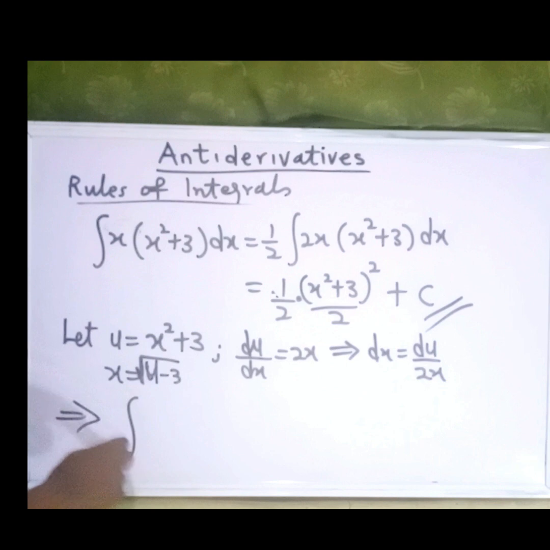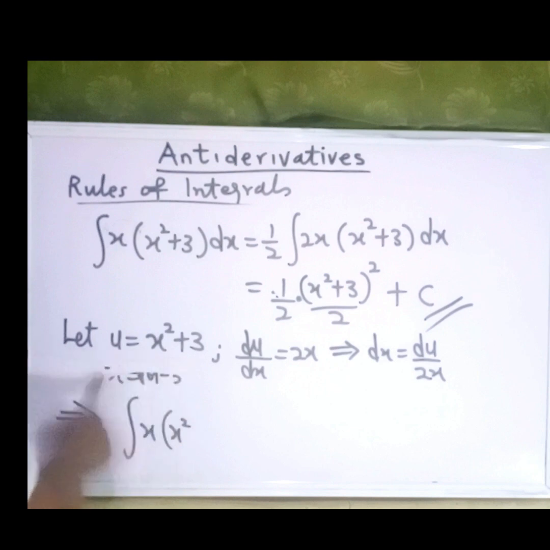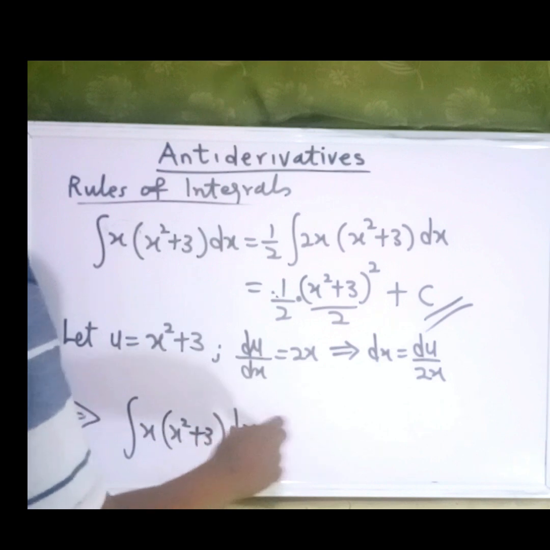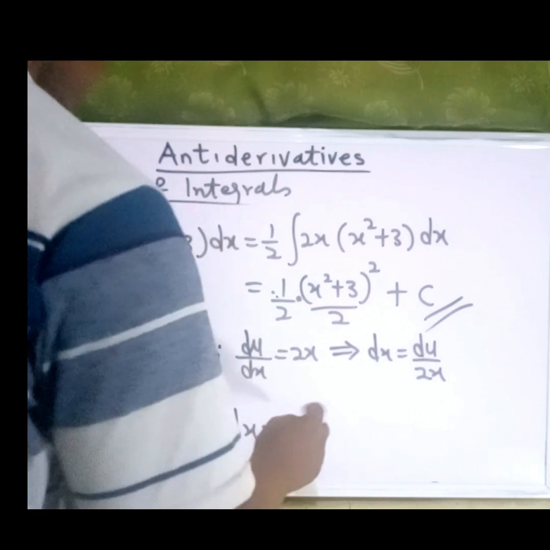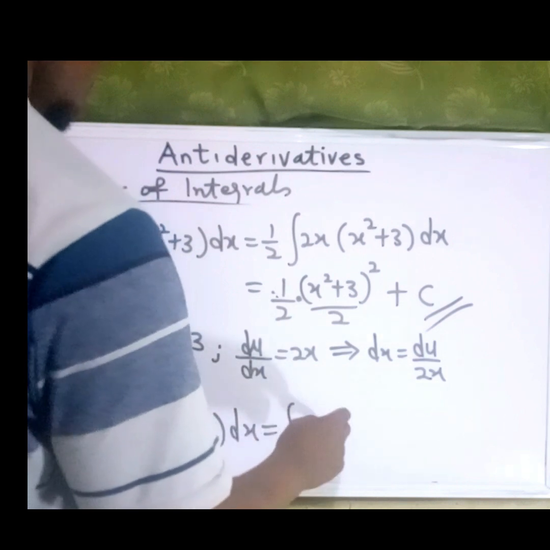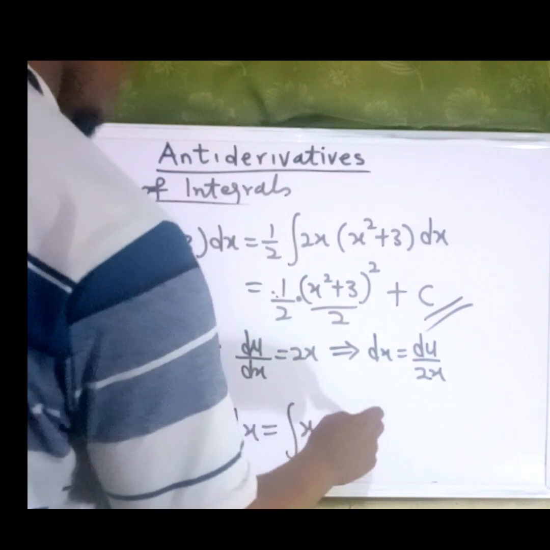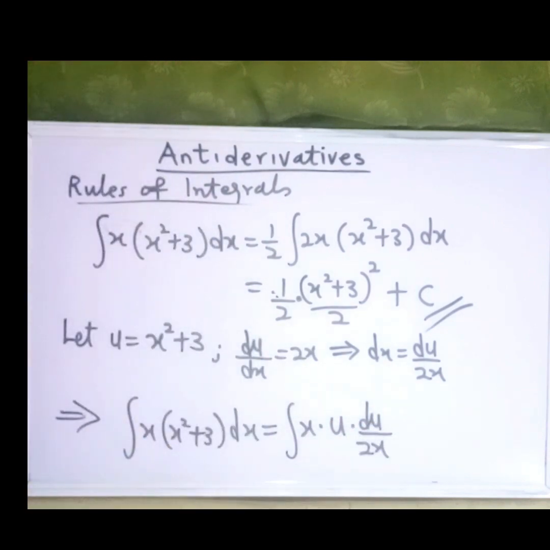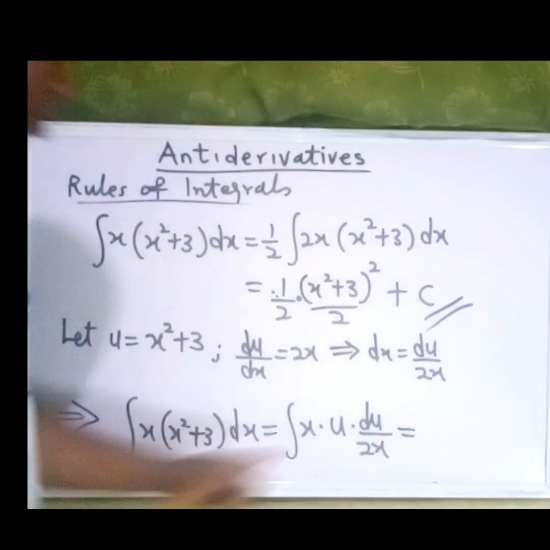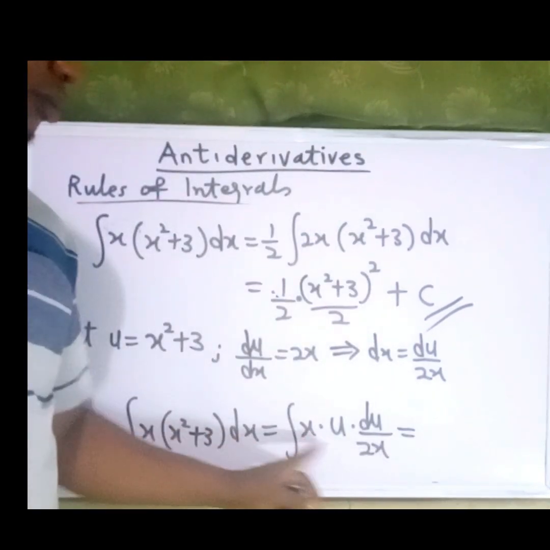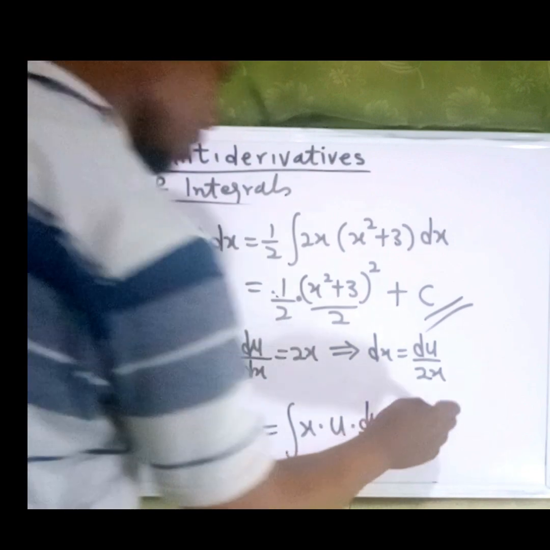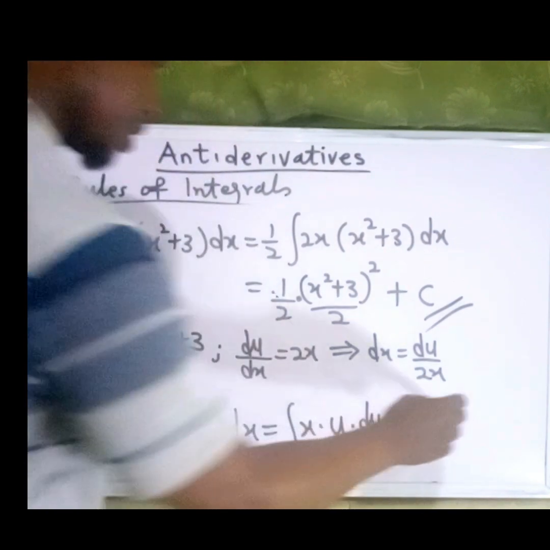So the integral of (x squared plus 3) x dx is equal to the integral of x multiplied by u multiplied by du over 2x. Look at this, x will cancel out, and then we have 2 at the denominator. Of course, that 1 over 2 can come out, so the remaining terms will be the integral of u du.